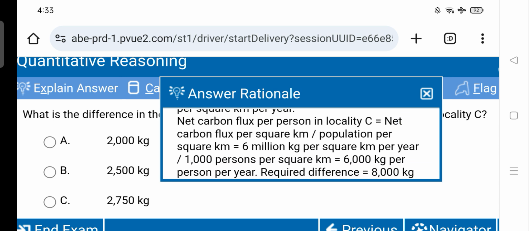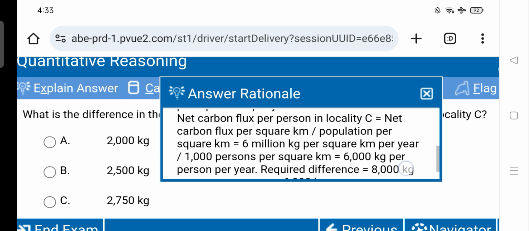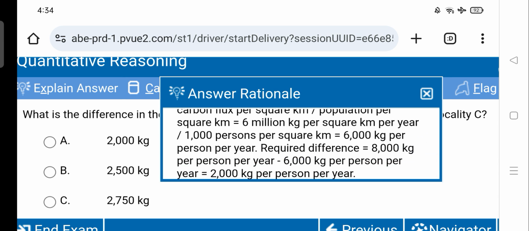So net carbon flux per person in locality C equals net carbon flux per square kilometer divided by population per square kilometer, here divided by 1000 persons per square kilometer equals 6000 kilogram per person per year.